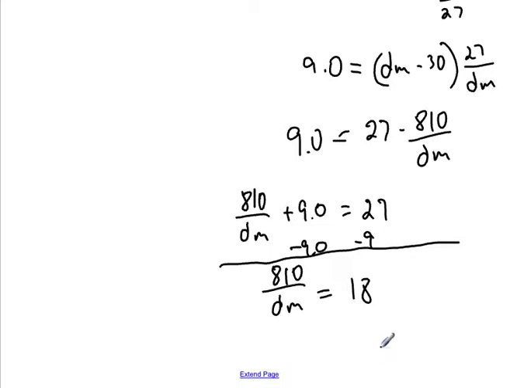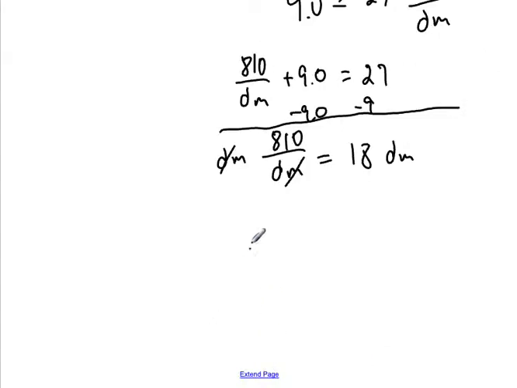What am I going to do now, Stephanie? See, Man, a little help? Yeah, you can just divide. 810 divided by 18 equals dm. Oh, so you take that.